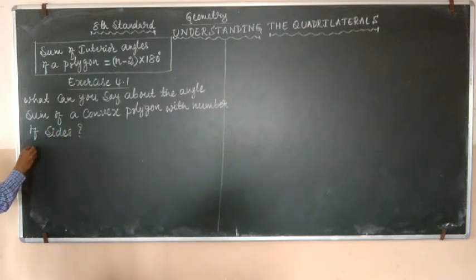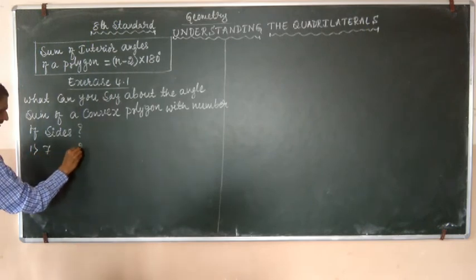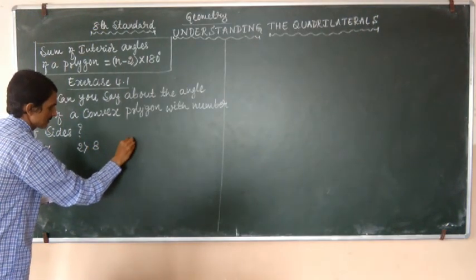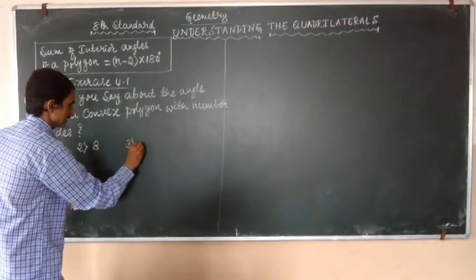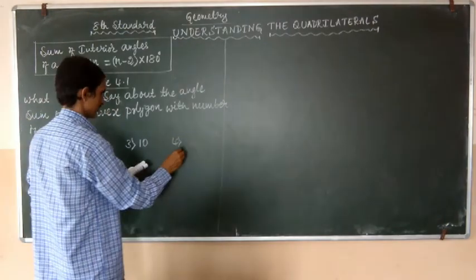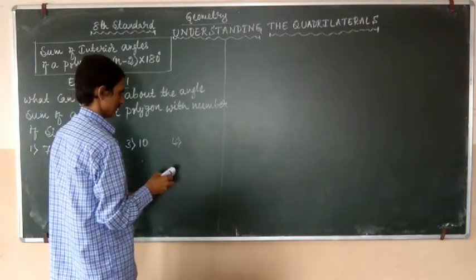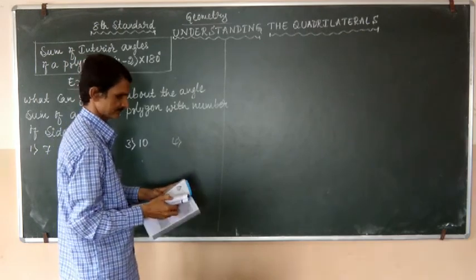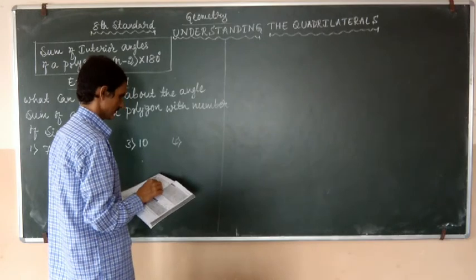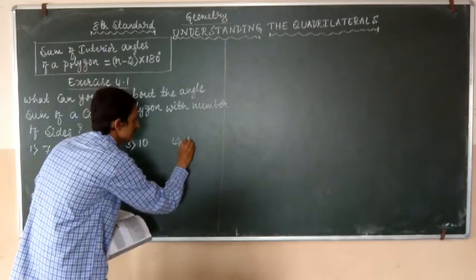So the sides are, first one is 7, second one is 8, third one is 10, sorry, fourth one is n.